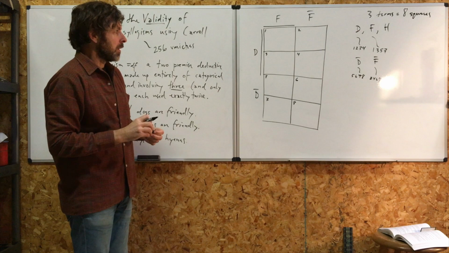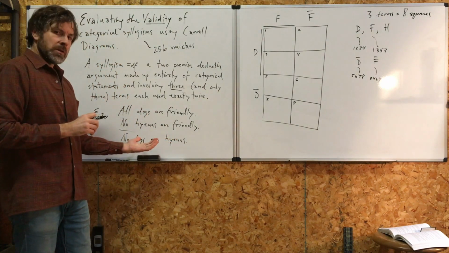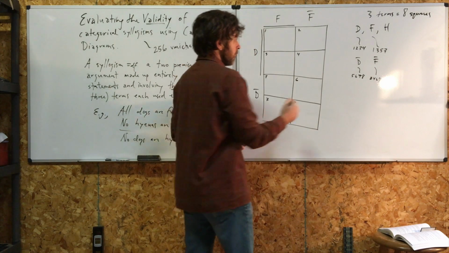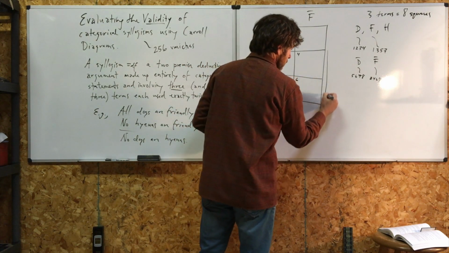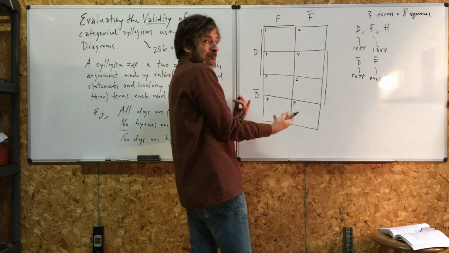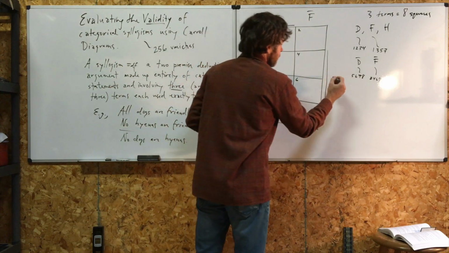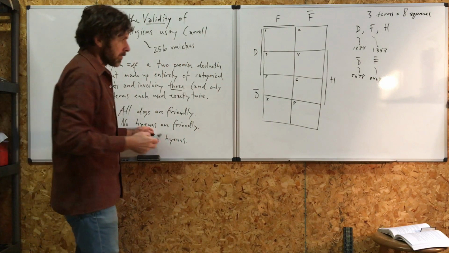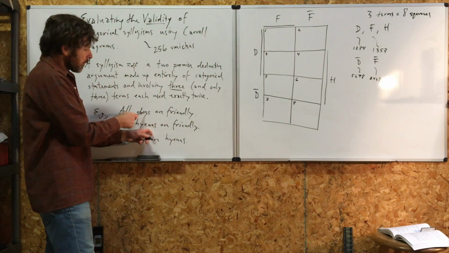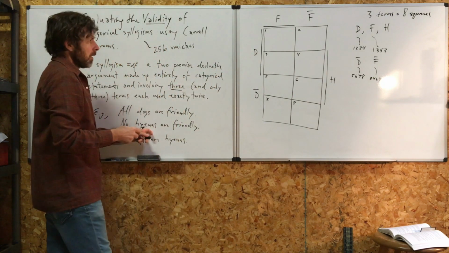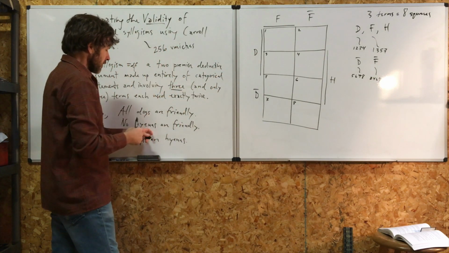Now you might be thinking, okay, where do the hyenas go? Well, the way Carroll set this up was to say that the third term here, hyenas, that's the third term we see. See the order here? The first term goes on the left here, takes the top half of the squares.